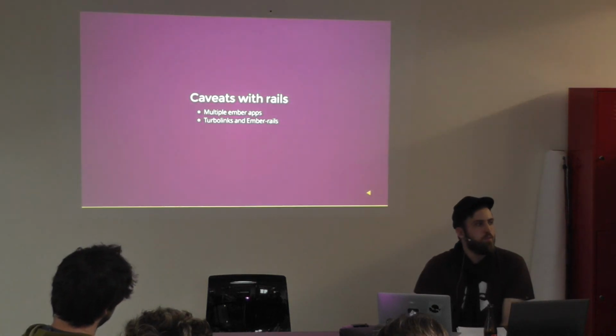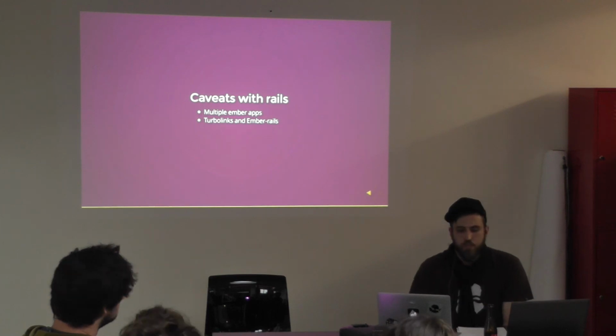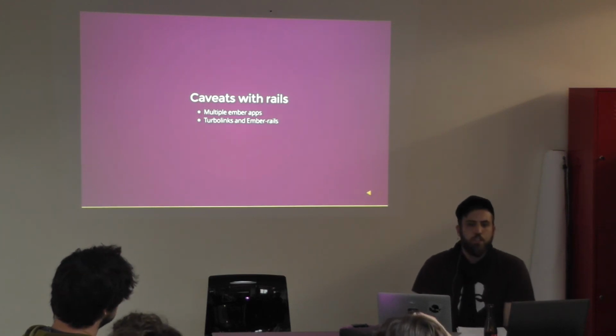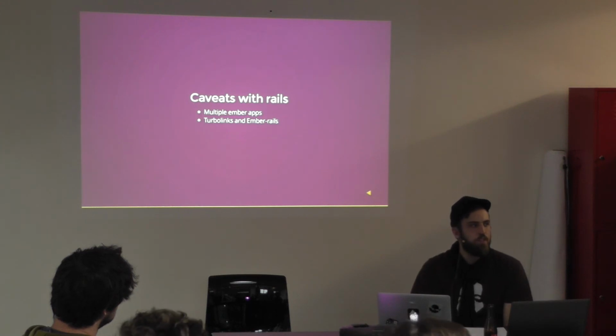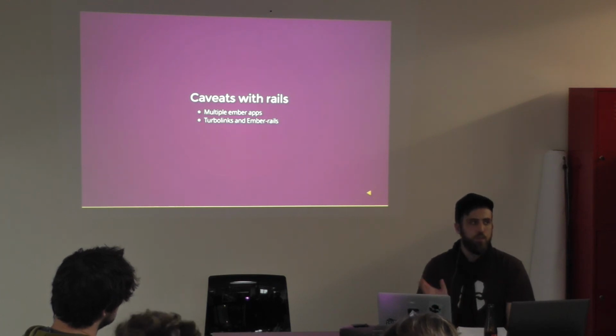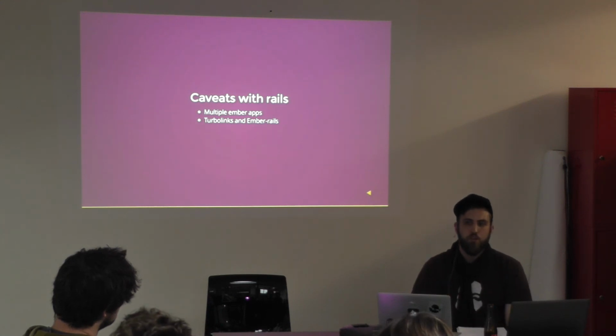So the question is, can you use an Ember app on only a few pages of your Rails app? You can definitely load custom assets that will load the Ember app from a Rails route, and then it's about how you want to set up the URL handling from the Ember app.